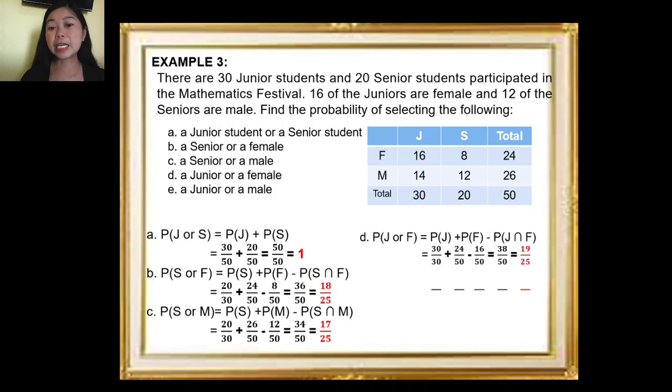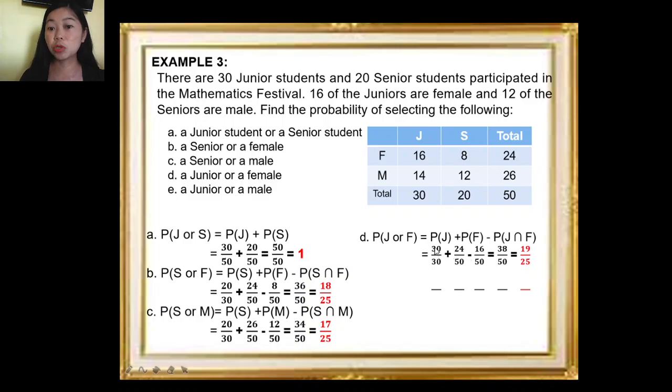Now, for letter D, probability that it is junior or female. So, the formula is the probability of junior plus probability of female minus the probability of the intersection of junior and female. Meron na naman tayong minus kasi junior, ang tanong junior, so 30, female, 24. So, there is an intersection of junior and female. So, ayun ang intersection. That's why we have to subtract the intersection of the two events, 16 over 50.